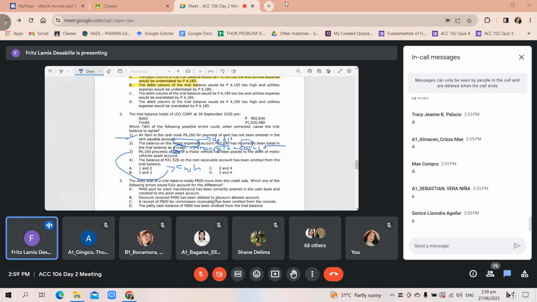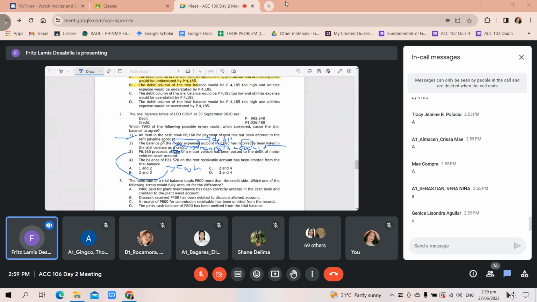However, would it cause the balance to be unequal?